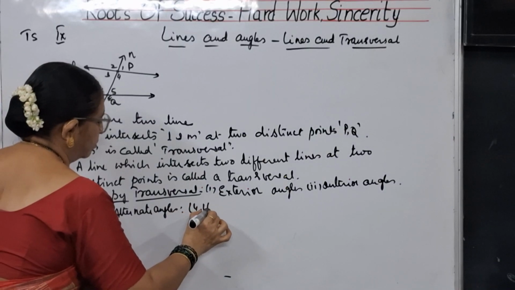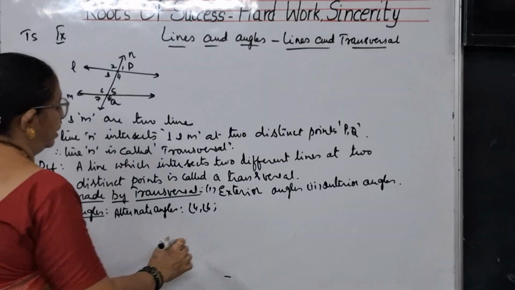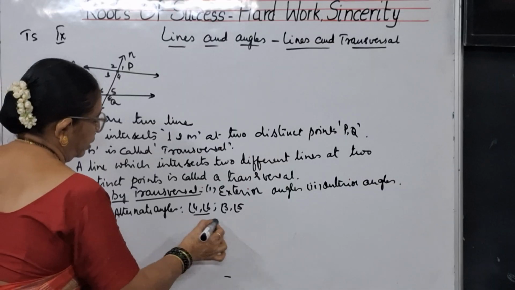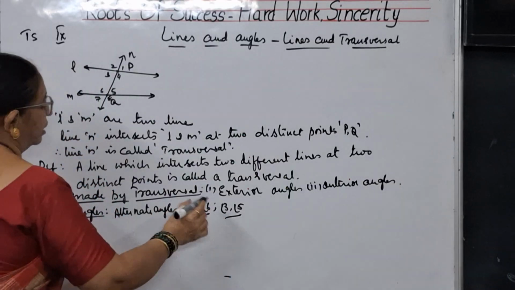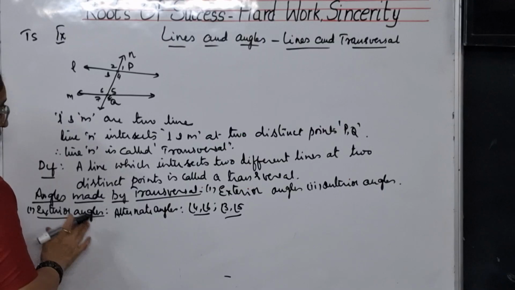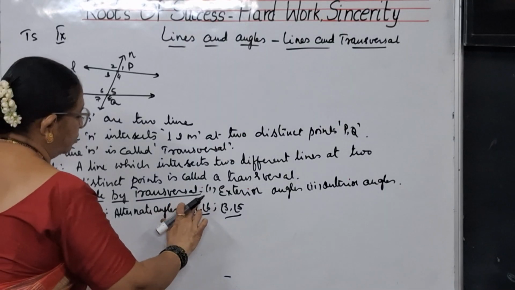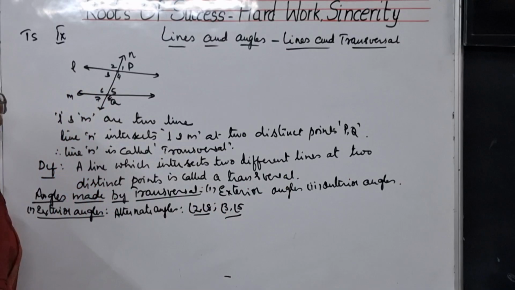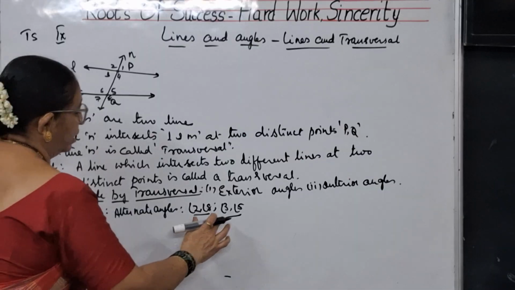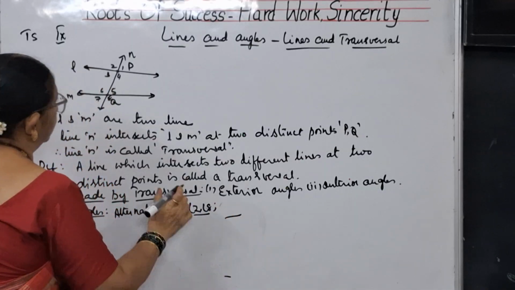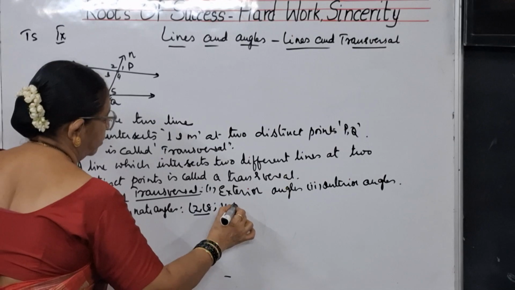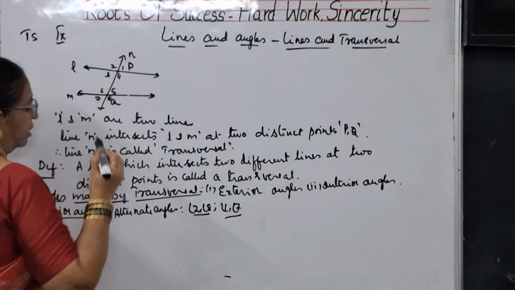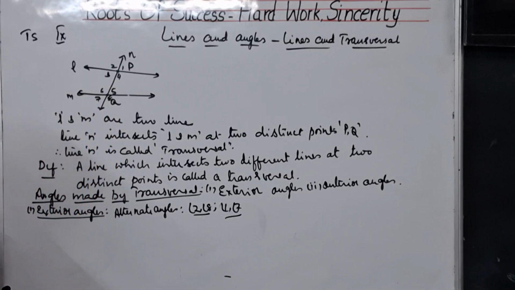Sorry children, when I am talking about exterior angles, angle 2 and angle 8 are exterior alternate angles. Angle 1 and angle 7 also. Exterior means outside. Angle 2 and angle 8, angle 1 and angle 7. These are exterior alternate angles.